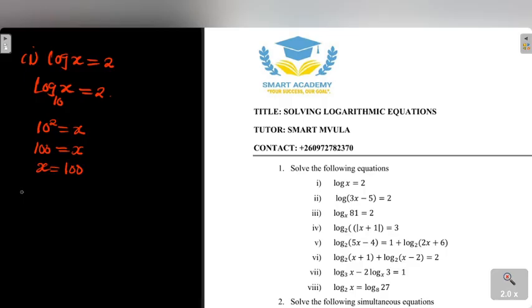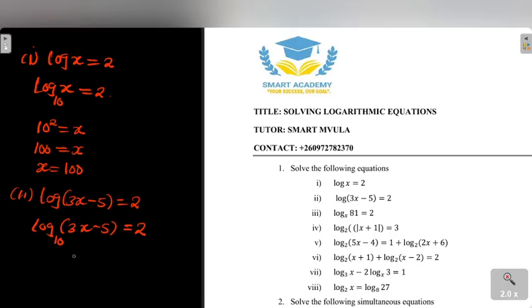Then moving to part 2, we have log of 3x minus 5 equals 2. So we are solving for x as well. If the base is not indicated, we know the base is 10. So we have log of 3x minus 5 base 10 equal to 2.